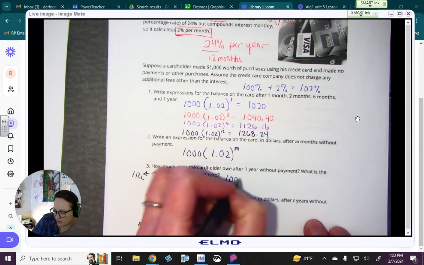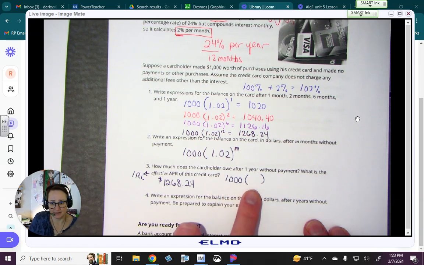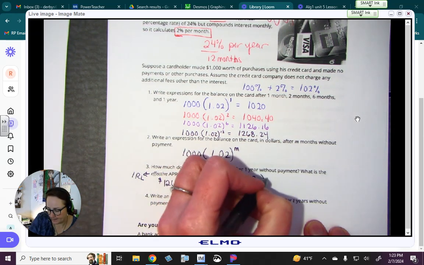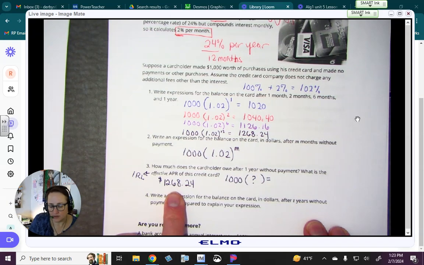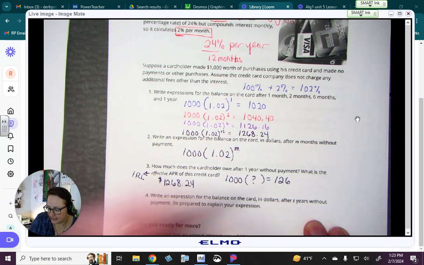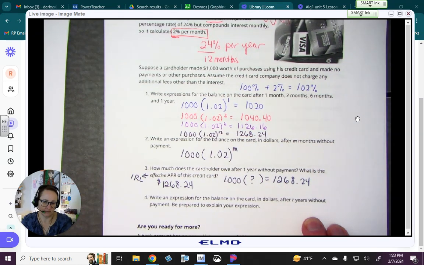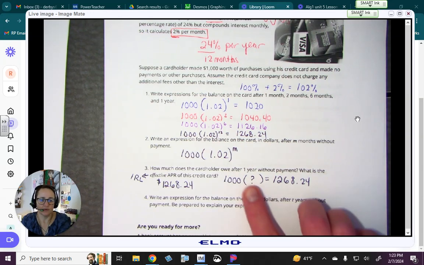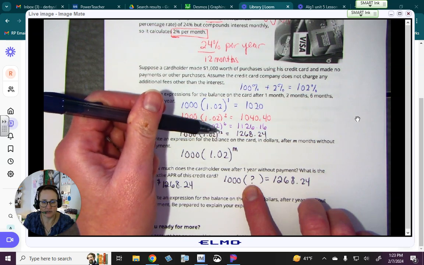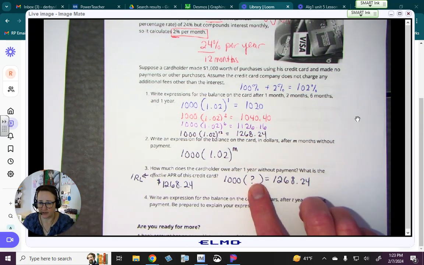We're saying if we took one whole year at a time, the original 1,000 times some kind of multiplier factor, a year later, we're saying that they owe $1,268.24. If we do it all in one chunk instead of using this equation and doing it for 12 months, this multiplier is going to be different.